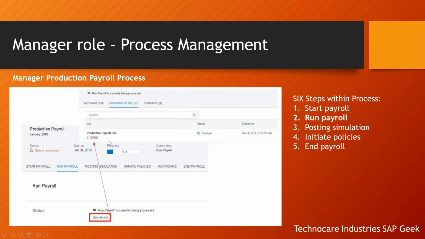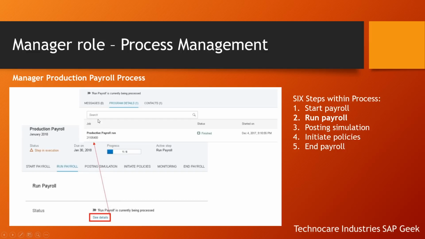Okay, so what will happen is, in run payroll, in the second step, when we check for the same production payroll process, once this run payroll process is completed, and in the background all the live payroll results are created, you'll be able to see this see details button over here.